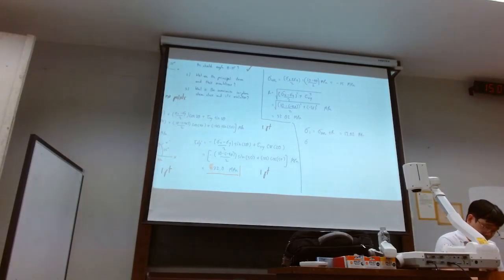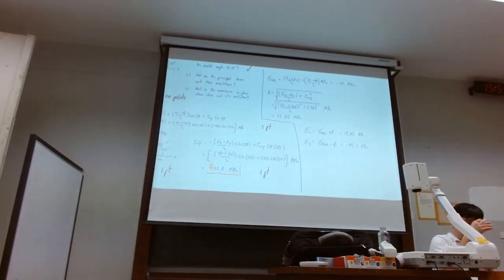And then sigma 2 is sigma average minus the R. So minus 15 minus 32.02. This is going to be minus 47.02 MPa. So we know the maximum and the minimum.